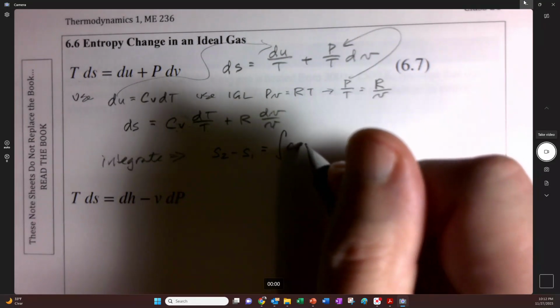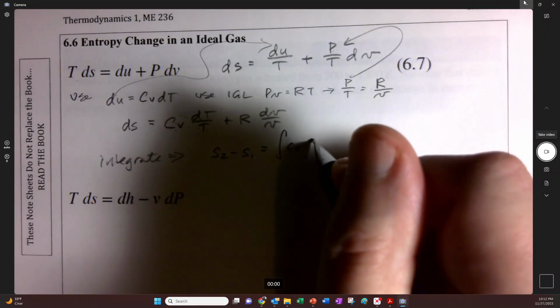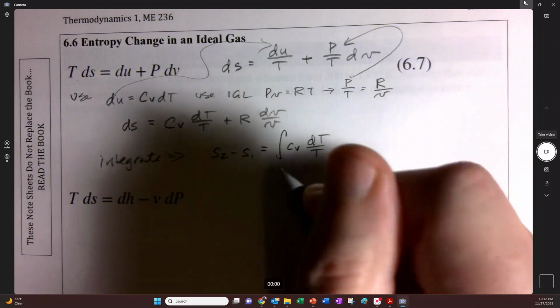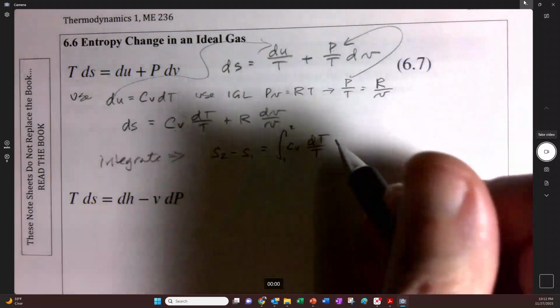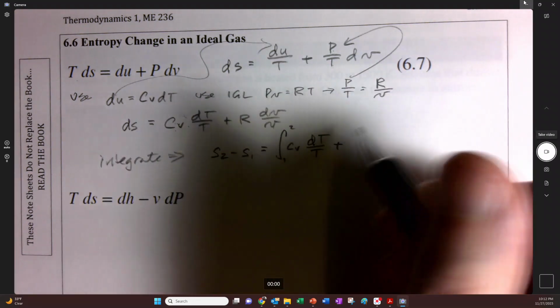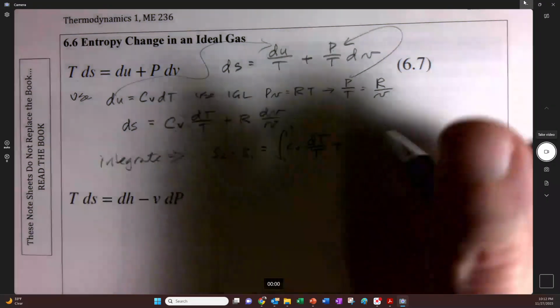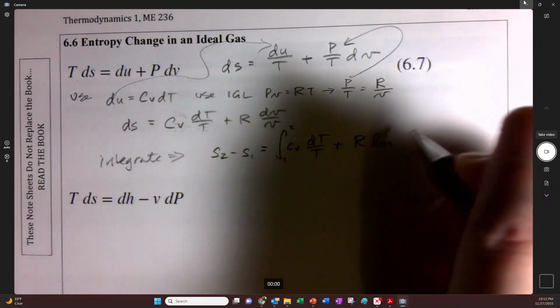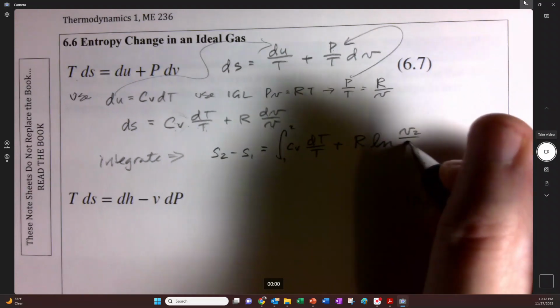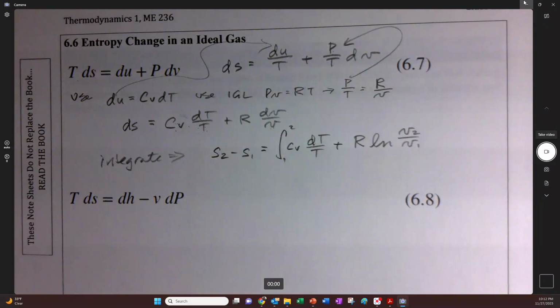We will have S2 minus S1 equal to the integral of Cv dT over T, from states 1 to 2. But R is constant, so we get R times the natural log of v2 over v1. Right here.